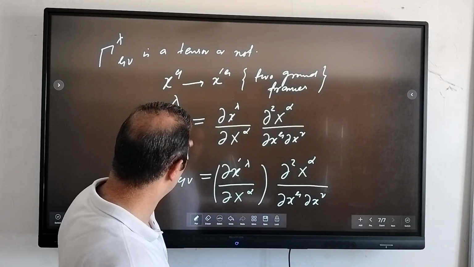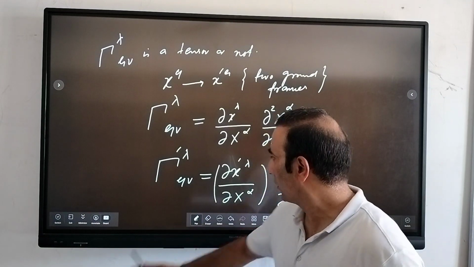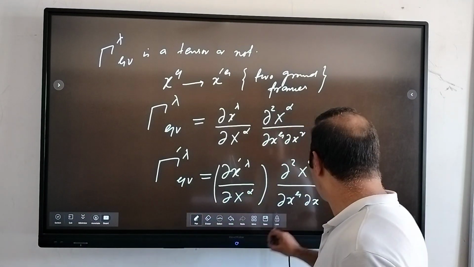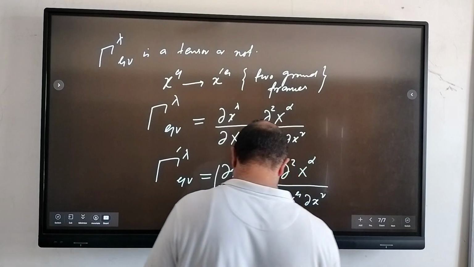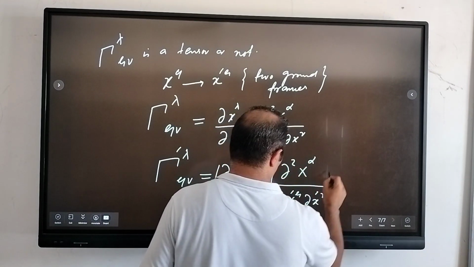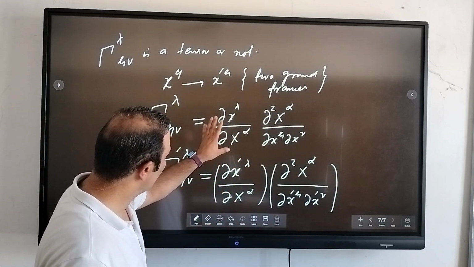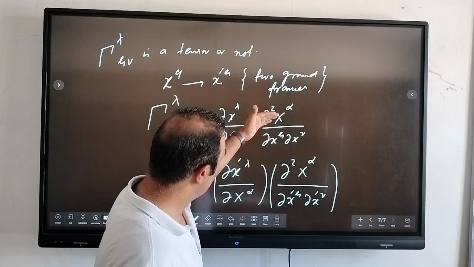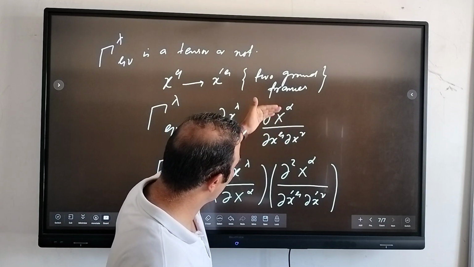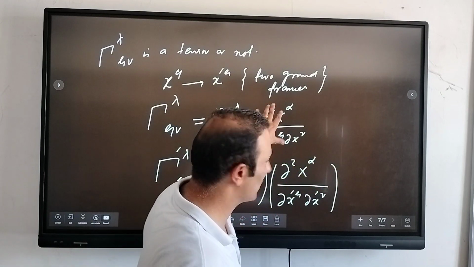What I did is simply write the affine connection given here from some primed system, so that's why I put the prime here, and here it should be there, prime. This basically connects the old coordinates with the new coordinates. These are the new coordinates and these are our old coordinates.